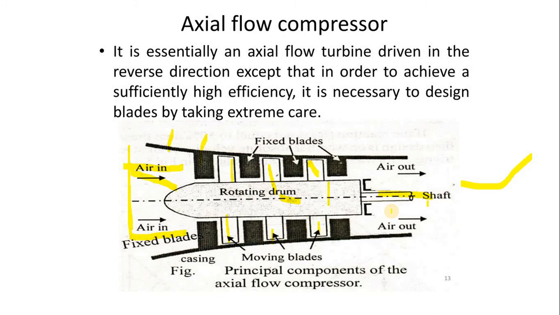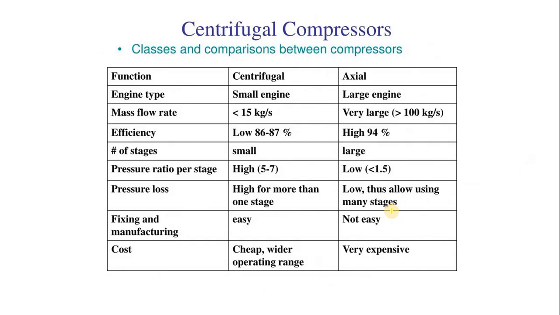And when air is trapped in the passage between the casing and the rotor and stator blades, it continuously passes through the alternate arrangement of the fixed and rotor blades, where the rotating drum is continuously rotated along with its blades, and it exerts a force on that air, and finally high pressurized air moves out. So this is the basic construction and working of the axial flow compressor.